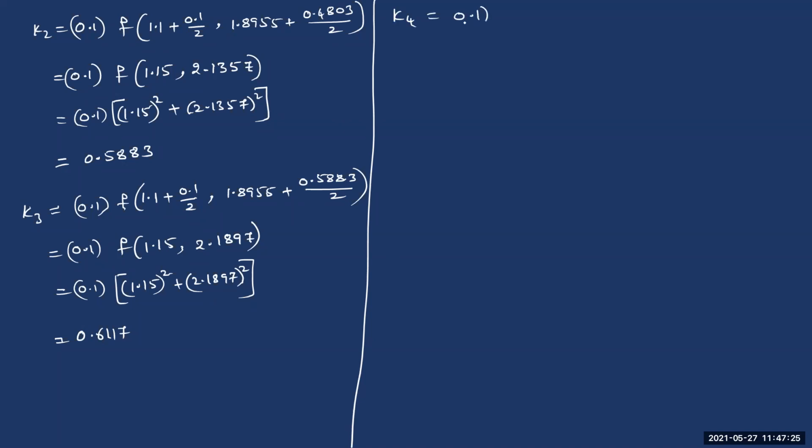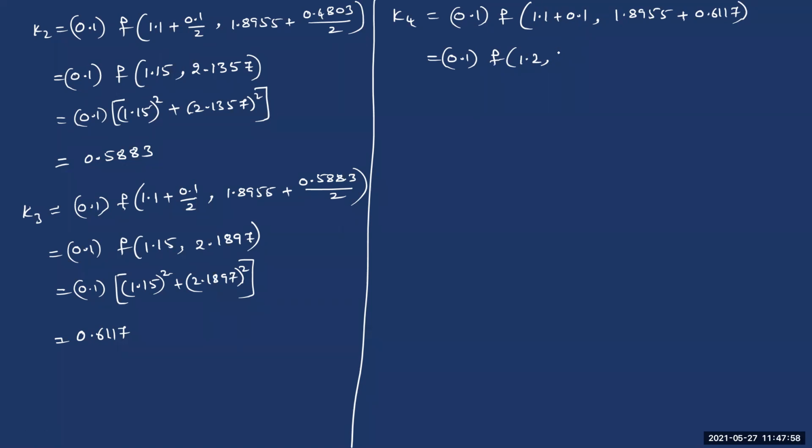K4 is equal to H into F of X naught plus H this time, 1.1 plus H which is 0.1, and then Y1, 1.8955 plus directly K3. K3 we got as 0.6117. So this is equal to 0.1 times F of 1.2, comma, let me add these: 1.8955 plus 0.6117.